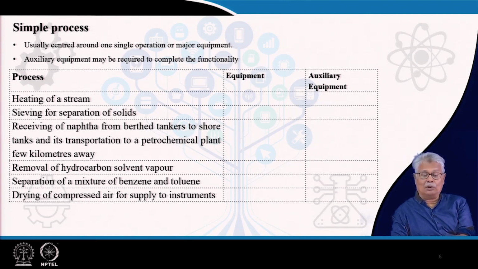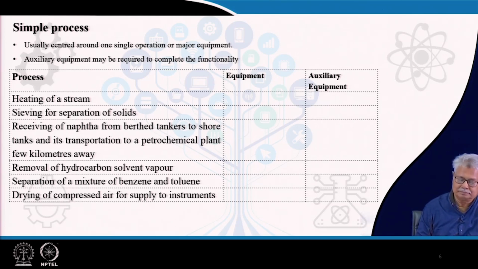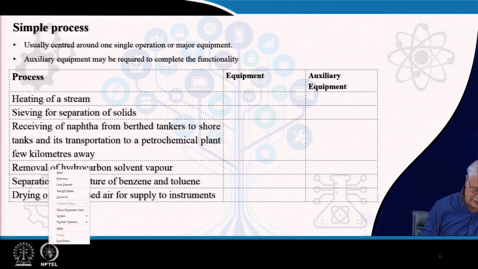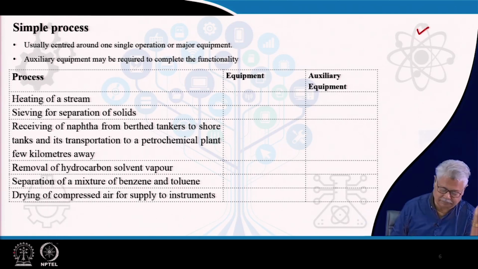Now, since all of these are processes and all of these processes work around specific steps or specific equipment, let us try to identify the different equipment and auxiliary equipment involved. The first thing is heating of a stream.